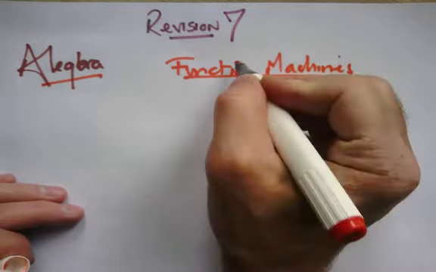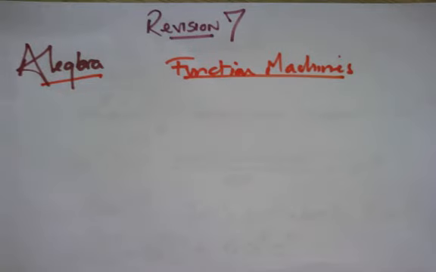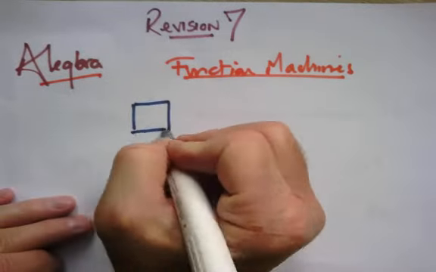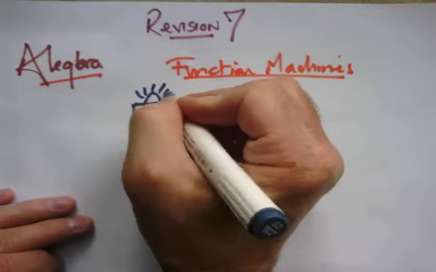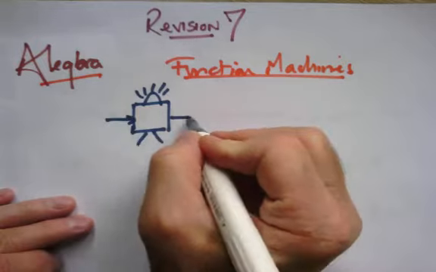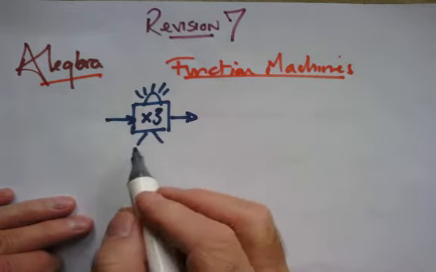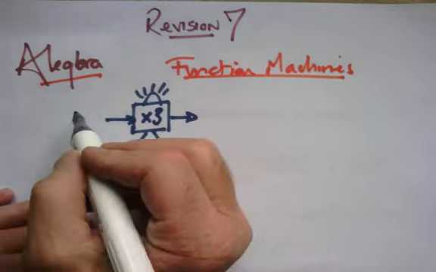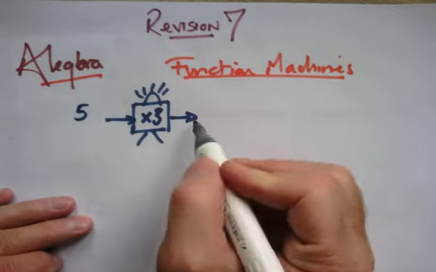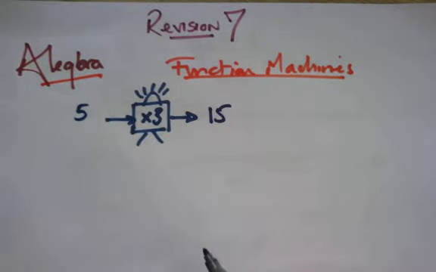You would have seen these back in the early days of your life at school. They're little, and they'd have little creatures drawn on them. You'd have an input and an output, and they'd do something inside, like times 3. So you put any value in, like 5, and out comes 15.